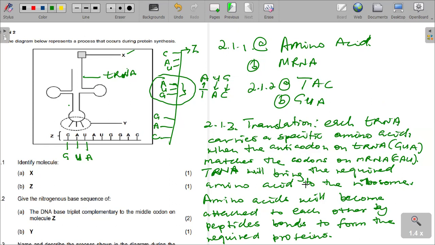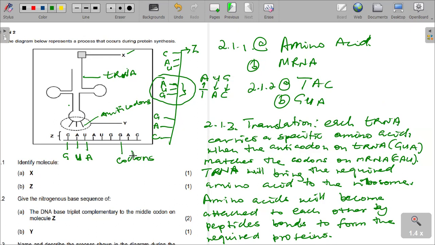If we look at this, we have got codons and anticodons. These ones are called anticodons, and their corresponding three nitrogen bases on mRNA are called codons.